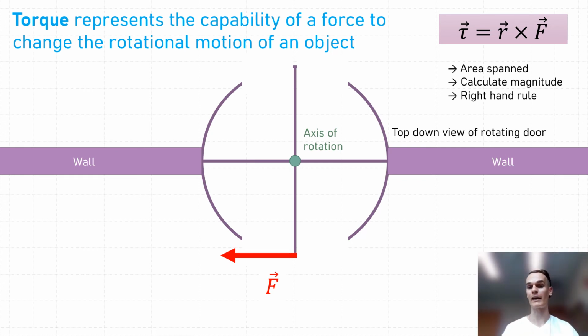We want to draw in our position vector so that we can calculate the cross product. So our position vector has its tail at the axis of rotation and its tip at where the force is applied on the object. So let's calculate this cross product and see what has changed.